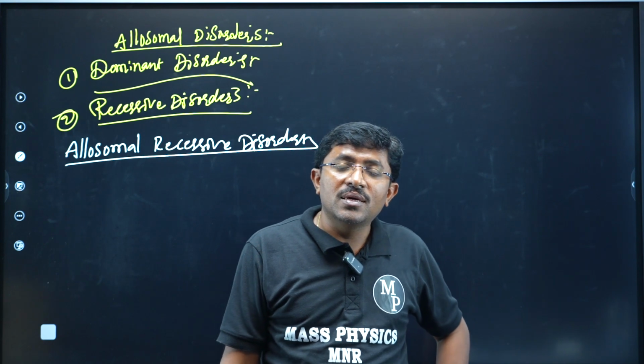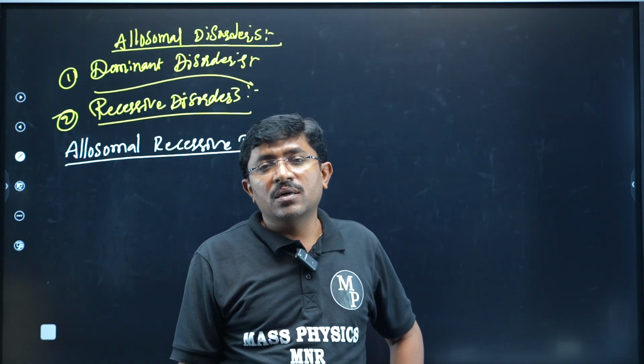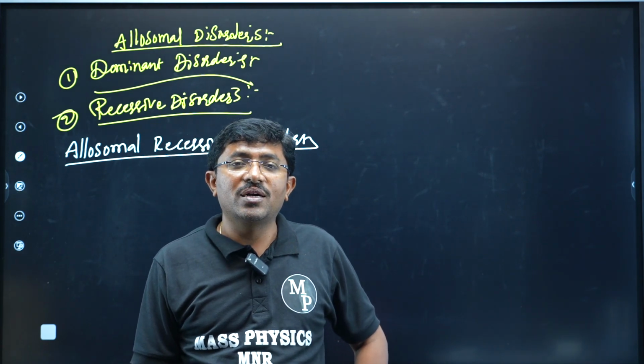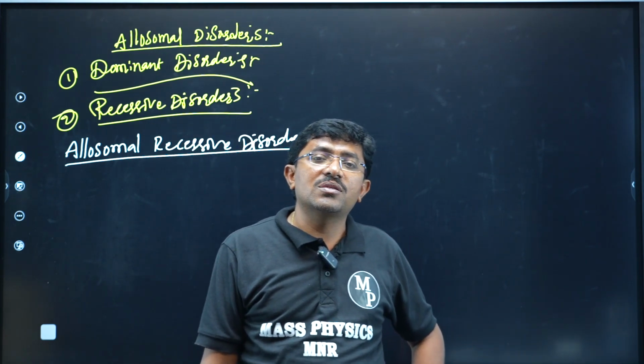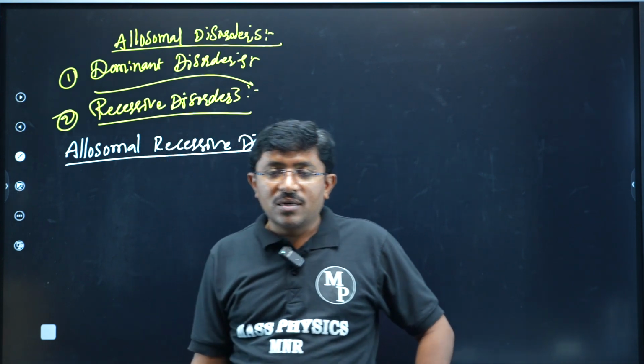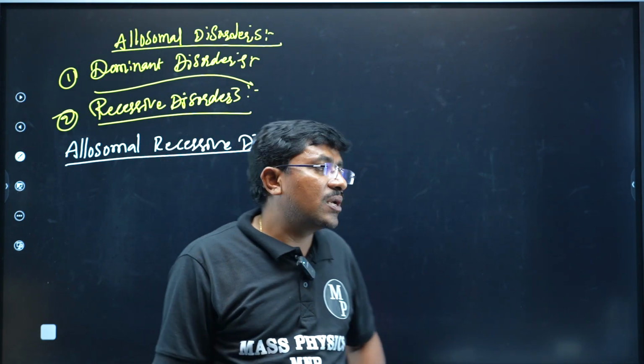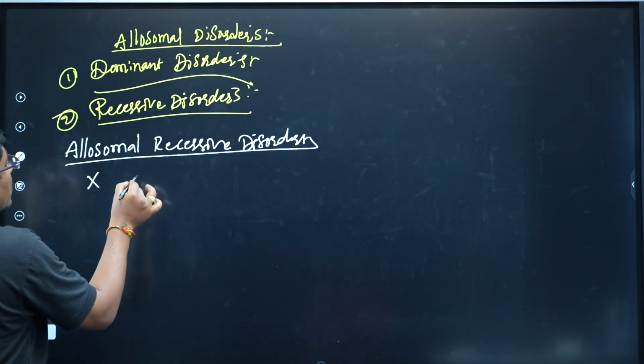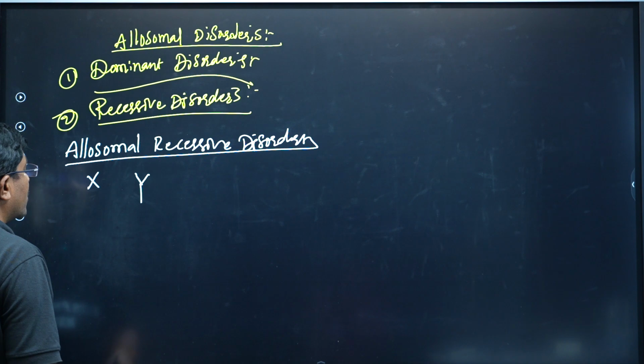These genes can be transferred only from father to sons, not from father to daughter, because the Y chromosome does not enter the daughter. So allosomes means one is the X chromosome, the second is the Y chromosome.